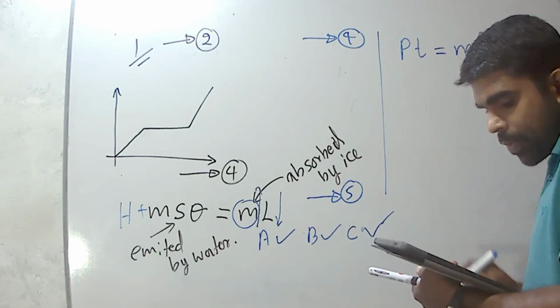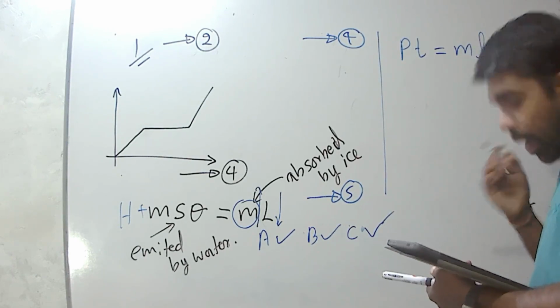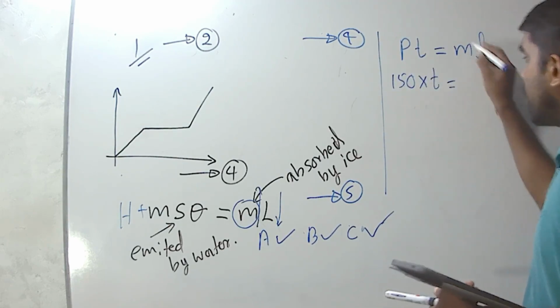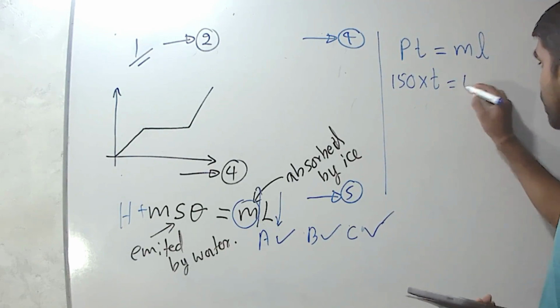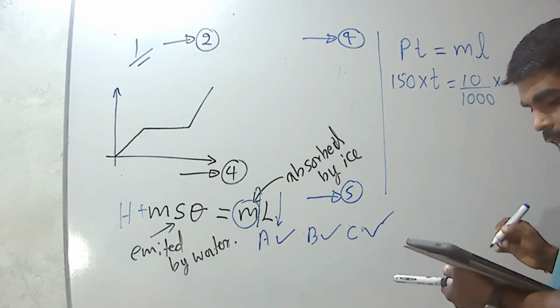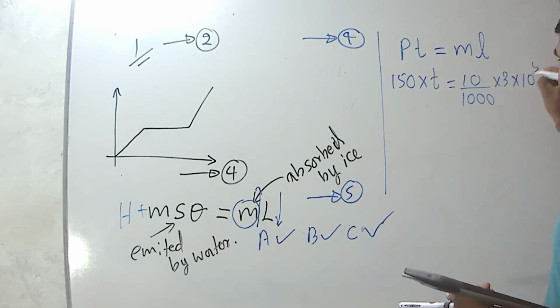Then we can substitute values. Power is given as 150 watt. We have to find time. Melted ice mass should be 10 grams. We have to convert it to kilograms. And they have given the latent heat of fusion of ice as 3 × 10^5.